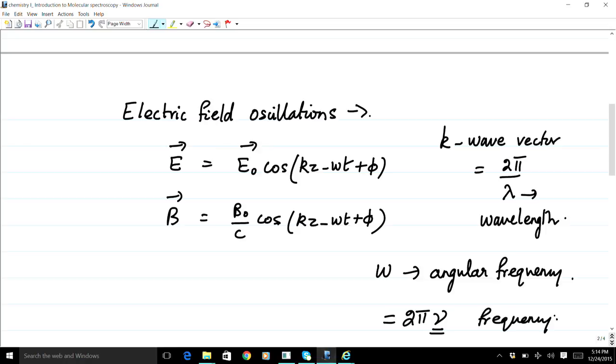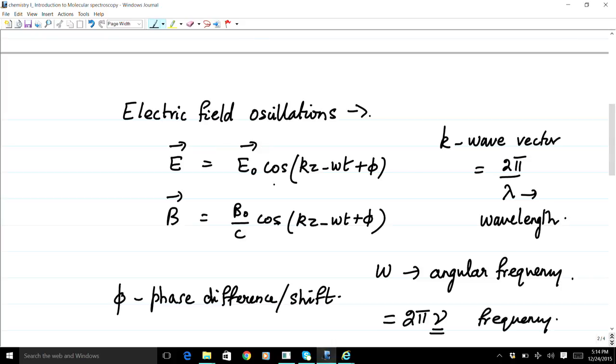The magnetic field B is given in a similar fashion with an amplitude B naught by c and a cosine oscillation also given by kz minus omega t. In both cases, I have put in a factor called phi, which is usually a phase shift or a phase difference for the waves. That is the starting point of the wave we can determine.